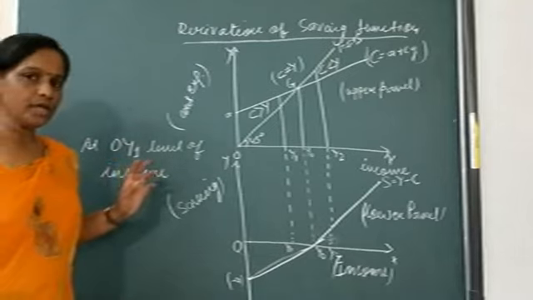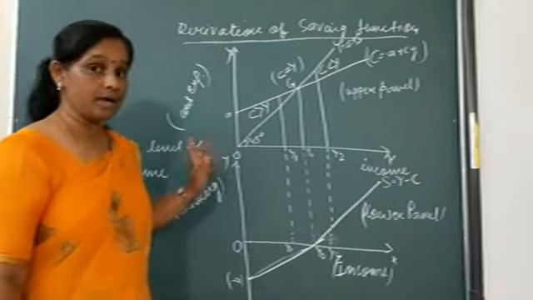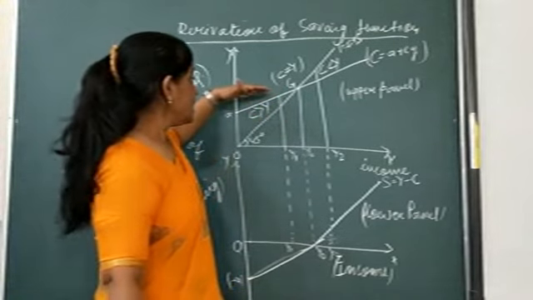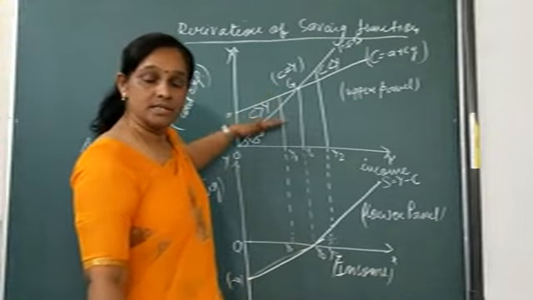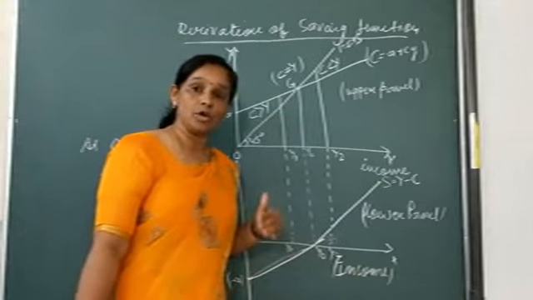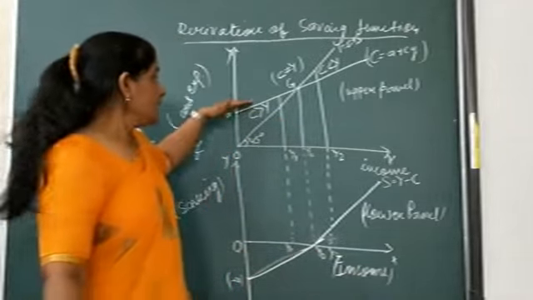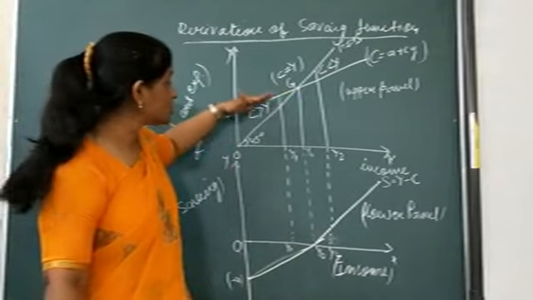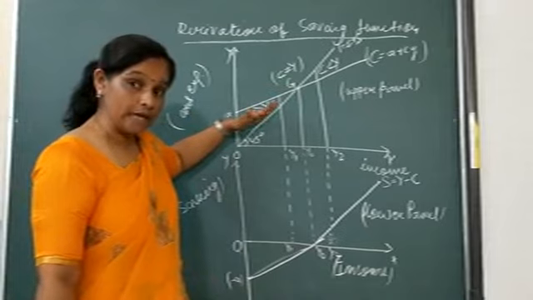Okay, we'll start with at OY1 level of income. What is the condition at OY1 level of income? Consumption is greater than income. So, right, at OY1 level of income, desired consumption expenditure is greater than the level of income.